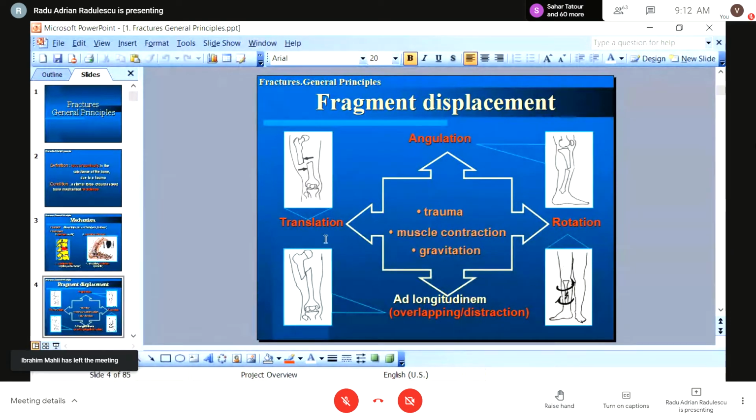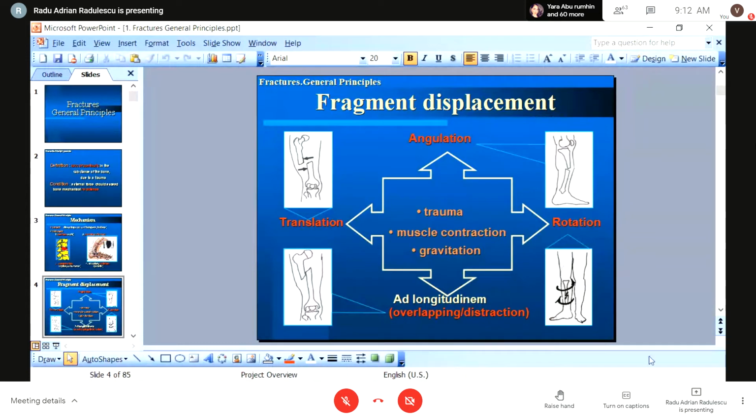Another one is the rotation, when the two bone ends are rotated one to another. We can see it on the right side, which is also a displacement mainly seen in those limb segments which have two bones, like for example the leg and the forearm.